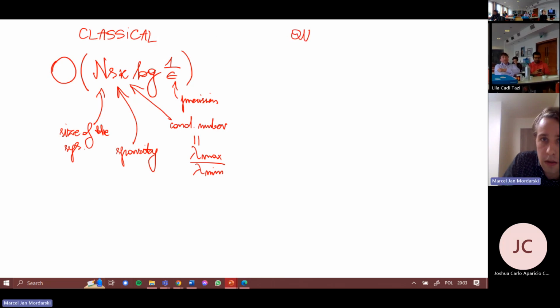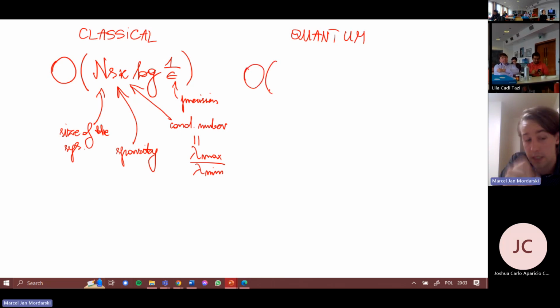And quantumly, the complexity of this version of the HHL algorithm is logarithmically better in the size of the system, but it comes at a cost. The complexity as a function of sparsity and the condition number is linearly worse.